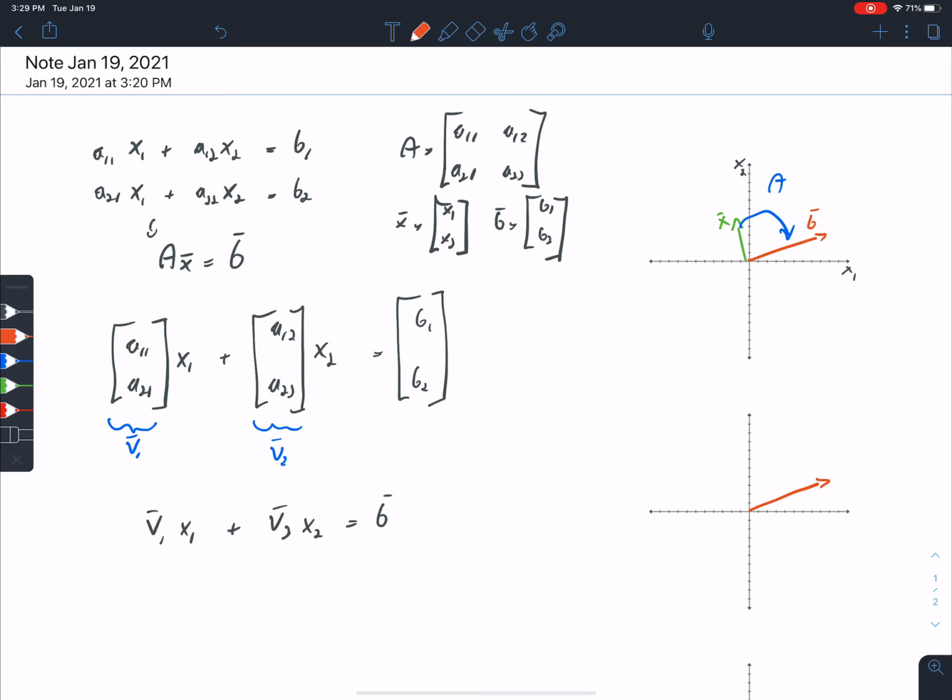I'll try to draw the same vector. In this case we didn't plug in any values, so I'm making up what the vectors v1 and v2 would be. One way that I can make this up is I can just write this vector v1 to be aligned with the x-axis. So this is v1, and v2 is aligned with the y-axis.